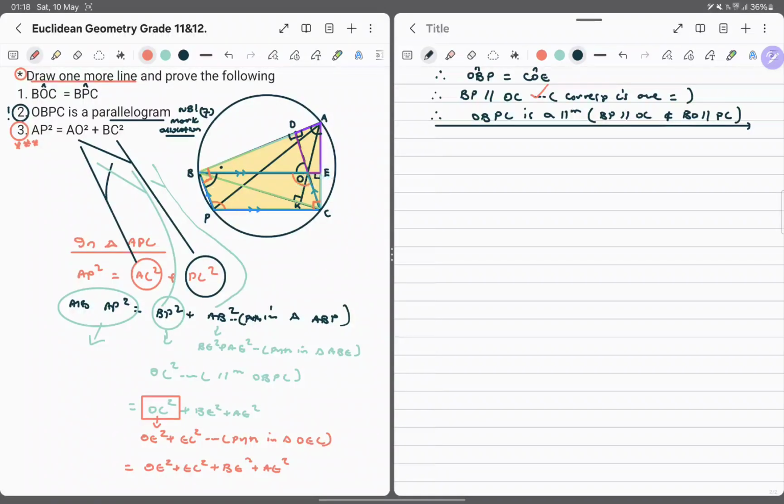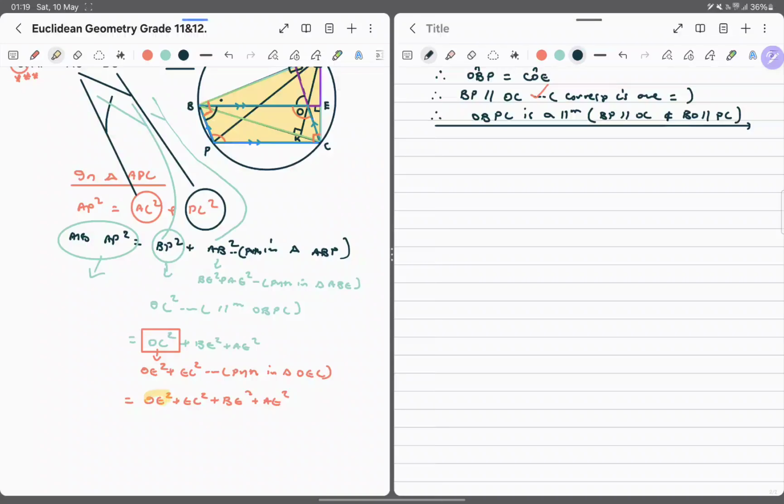OE, what I like about OE, it introduces us into this AO, essentially. AO, and there's AE there. Yes.